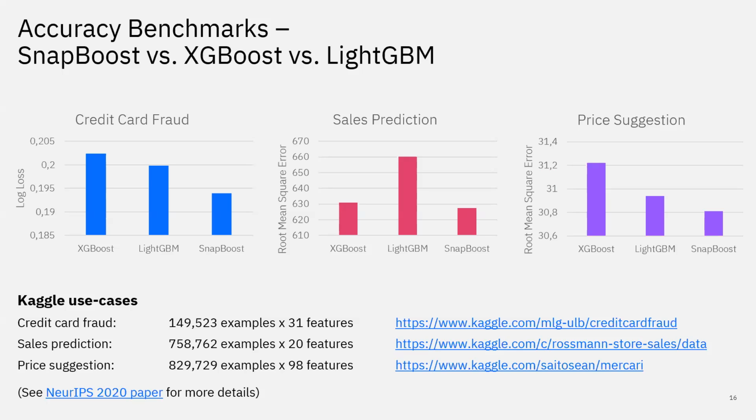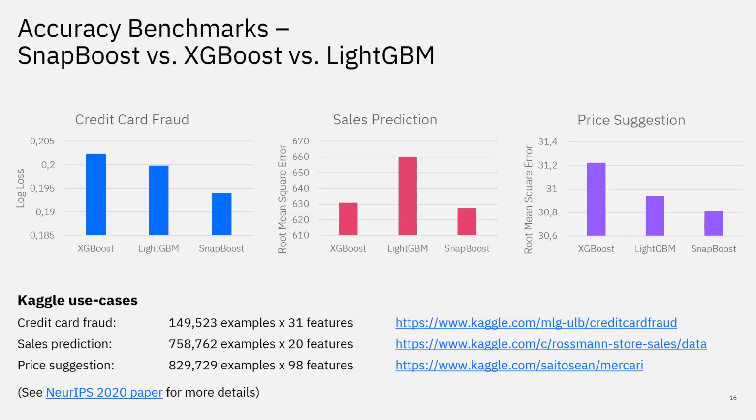As you may be aware, in Kaggle, often the winning solution is using XGBoost or LightGBM in some capacity. So actually, Kaggle is really where these frameworks made the name for themselves. And what we see here is that on all 3 of these use cases, when we compare the test metric, whether it's log loss or root mean squared error for the regression problems, SnapBoost is beating XGBoost and LightGBM.